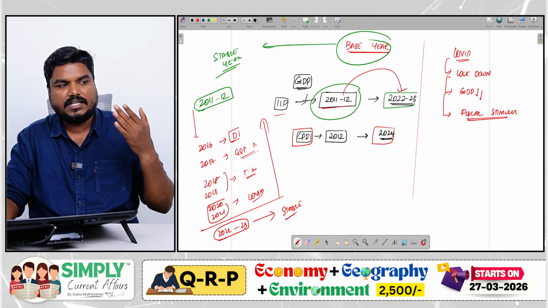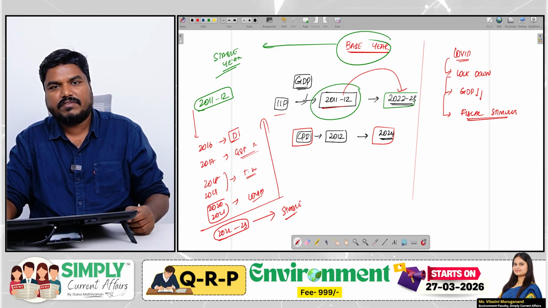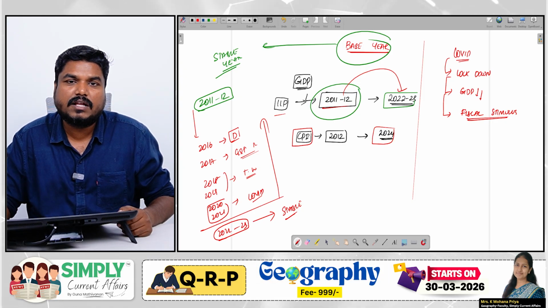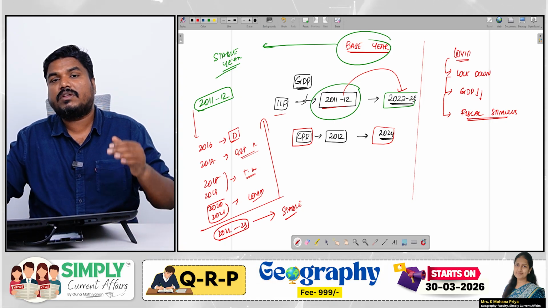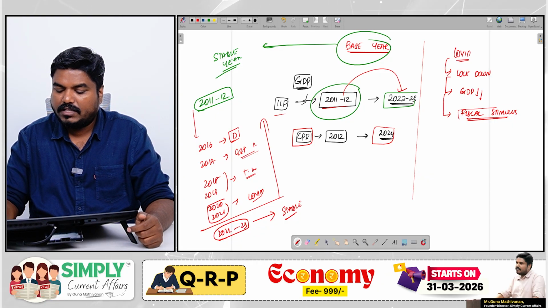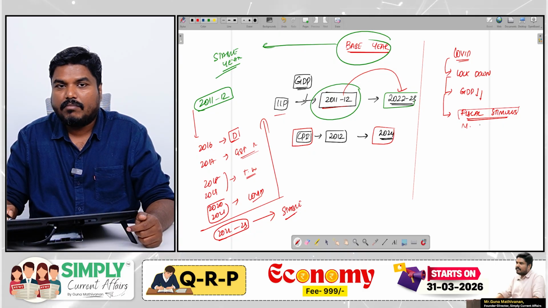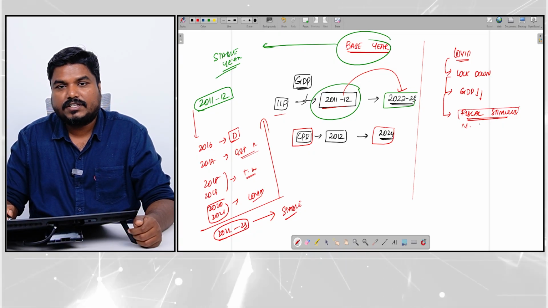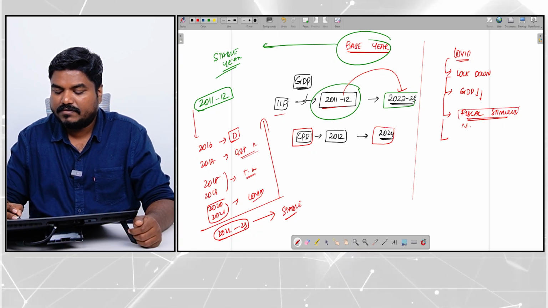Not just government, even the RBI was reducing the repo rates and government was increasing the money supply. Atmanirbhar package, 20 lakh crore worth money supply was infused into the economy. All this fiscal stimulus and other monetary stimulus resulted in growth.